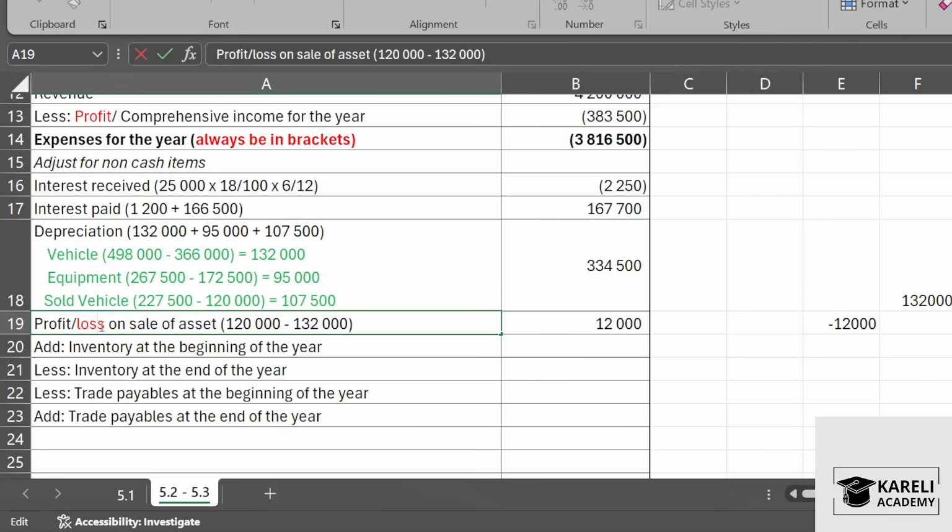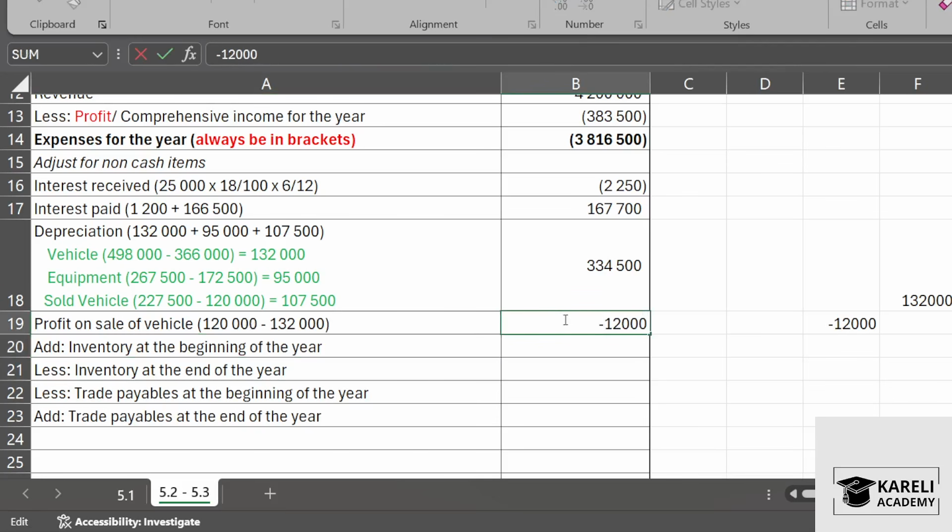We'll call it the profit on sale of vehicle. Profit is an income, therefore it should be in brackets. You see that? I believe you do understand.